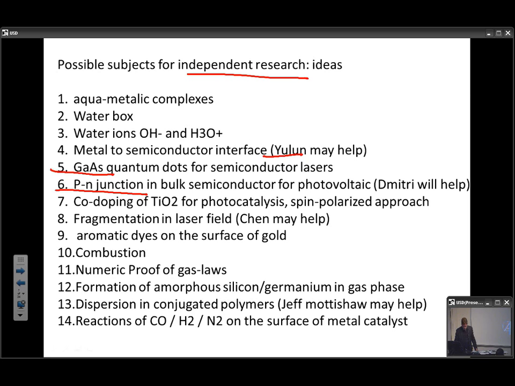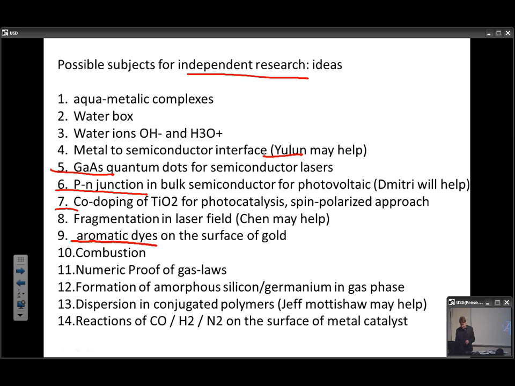The photovoltaic is based on the concept, and electronics based on concept of p-n junction. Modeling of p-n junction could be an option, and I already have some models prepared, so it will be one step less, doing exploration rather than building. Doping and co-doping of materials.